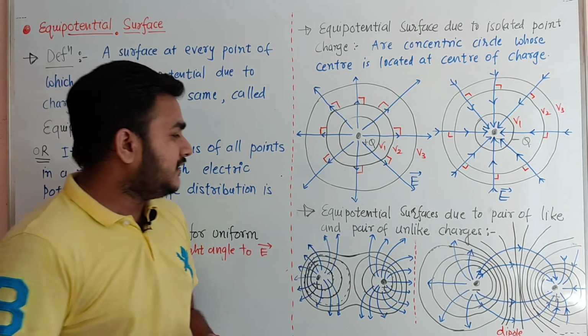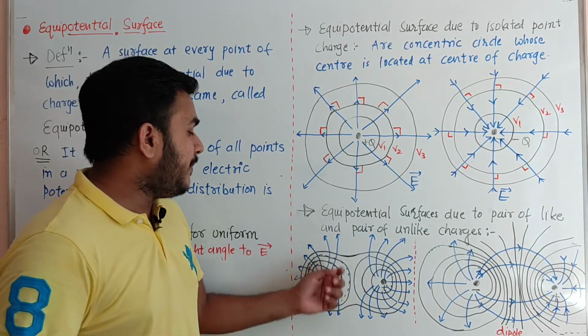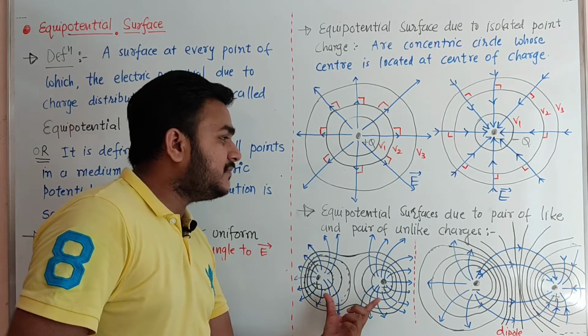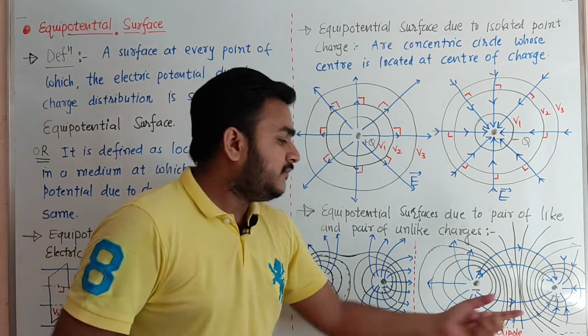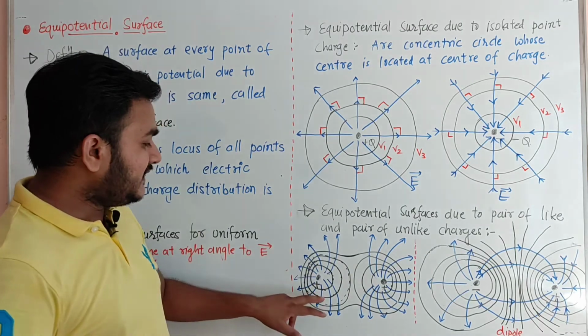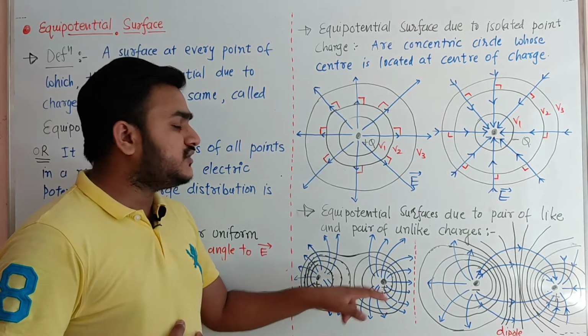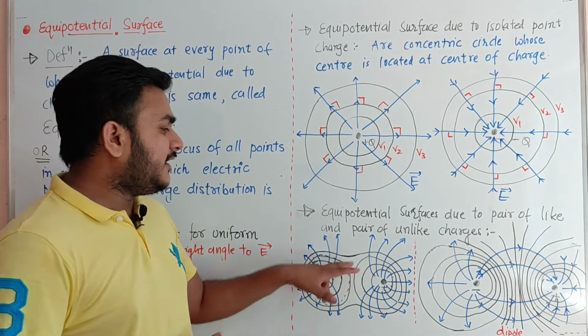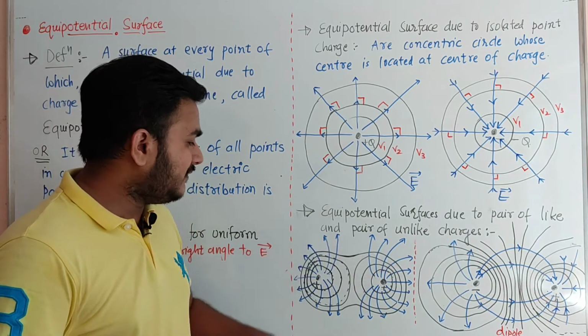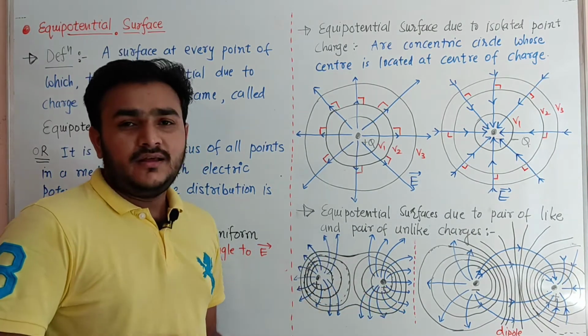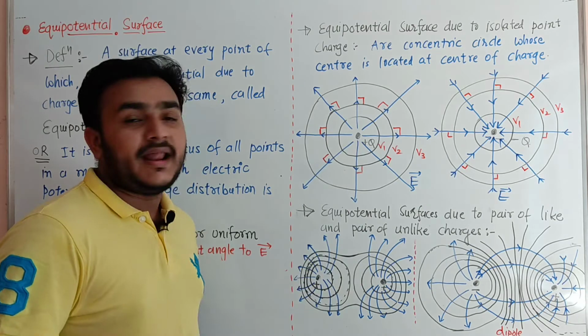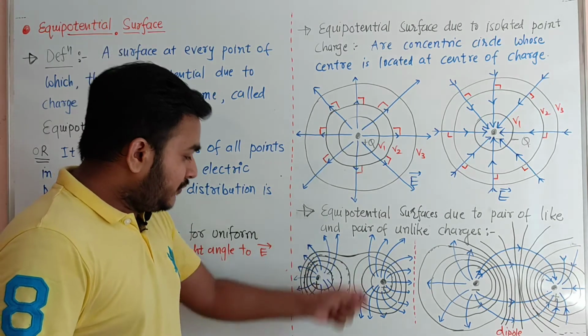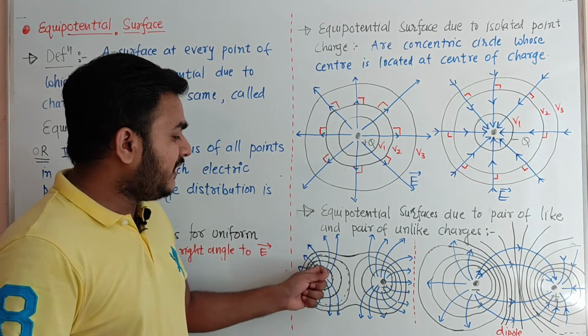Now look at the equipotential surfaces due to a pair of positive charges, that means like charges, and for a dipole. For a pair of positive charges, the electric field lines are drawn with the blue marker. Because of the repulsion, the electric field lines are drawn like this. Now due to this same repulsion, what will happen?